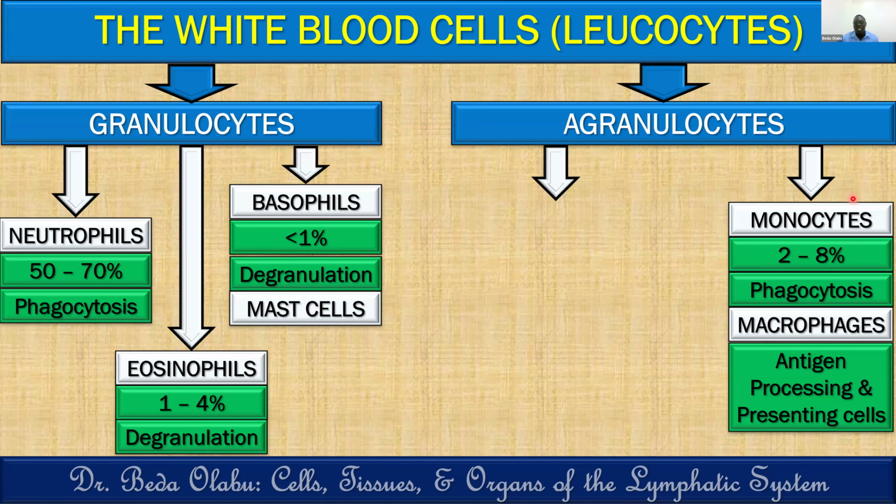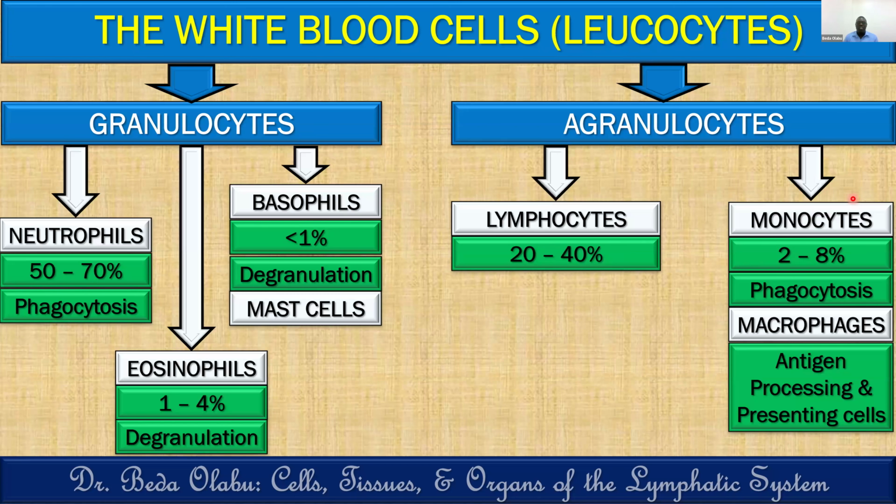So we consider macrophages antigen processing and presenting cells. How about the lymphocytes? Lymphocytes are of 3 different types, but in total, they constitute about 20 to 40% of all the white blood cells. So that's their differential count.